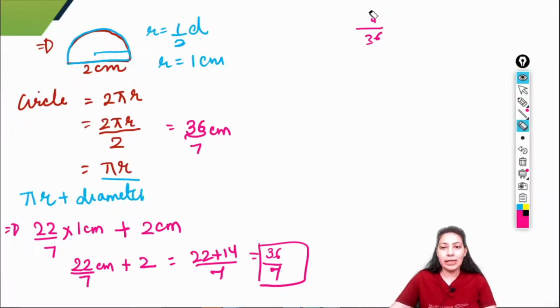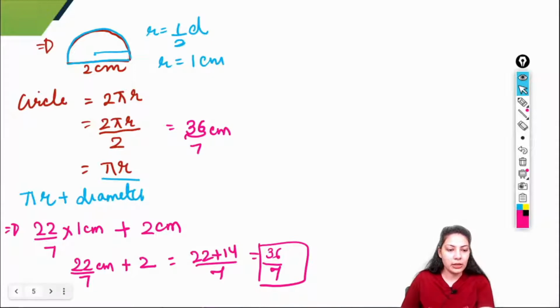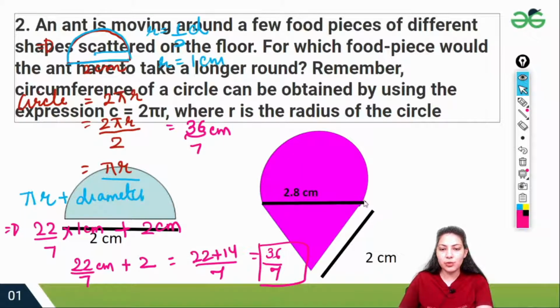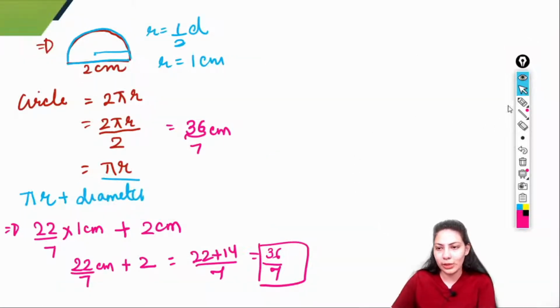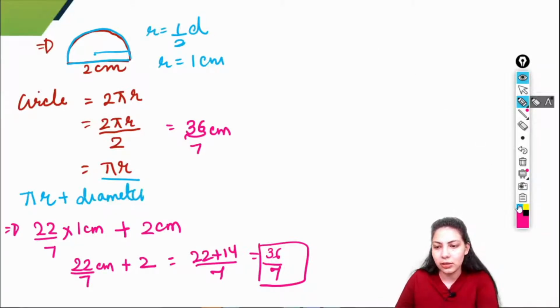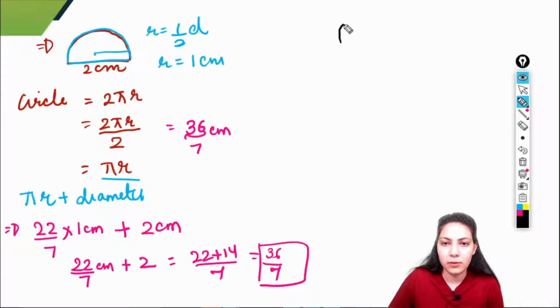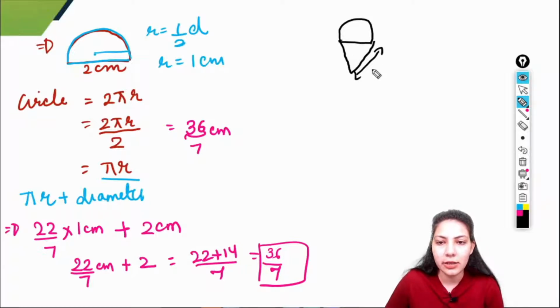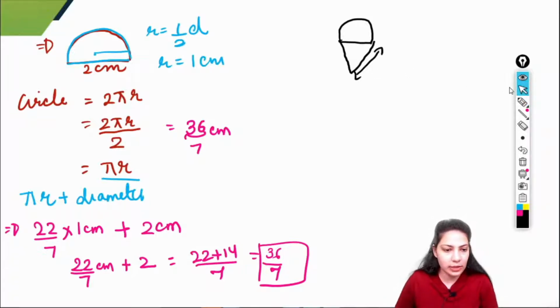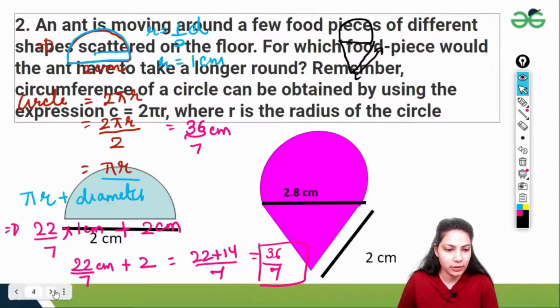Now let's calculate the second figure's boundary. So it's given as 2.8 and 2. Let me draw over here again. It's like an ice cream shape where we have this given as, I guess this was given as 2, right?